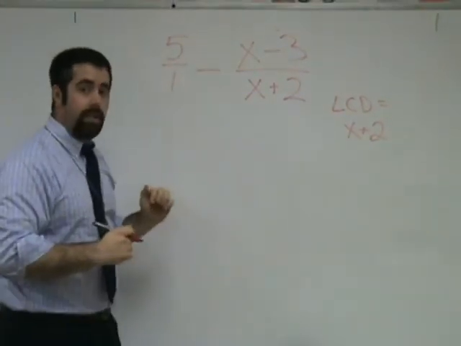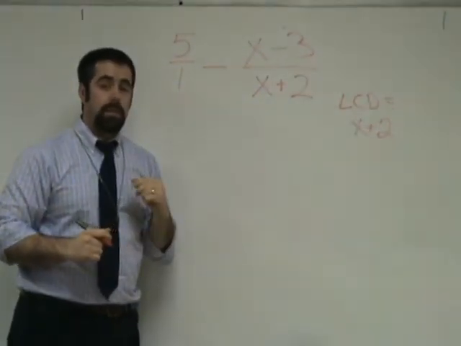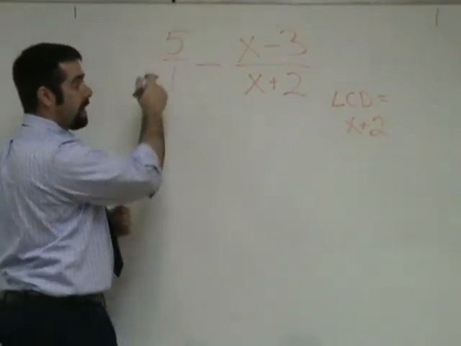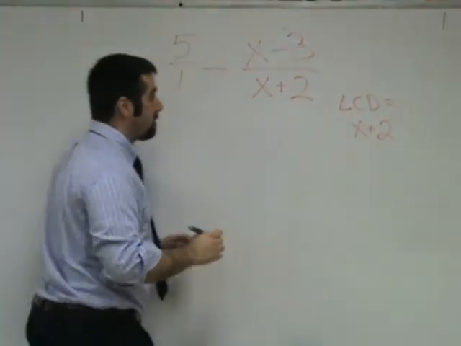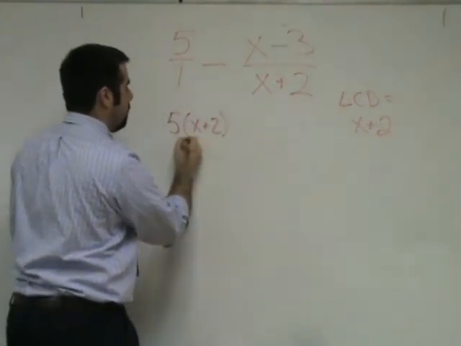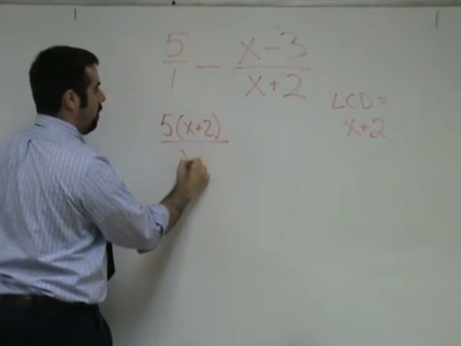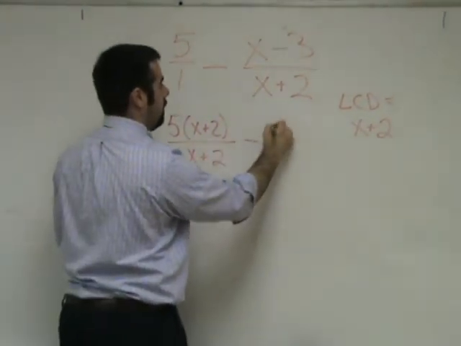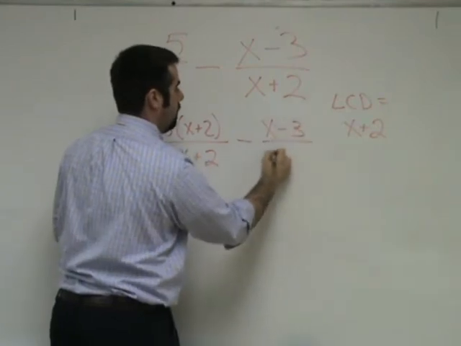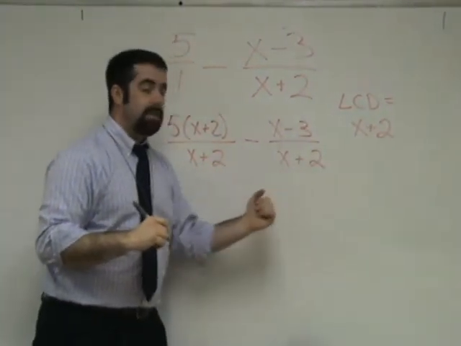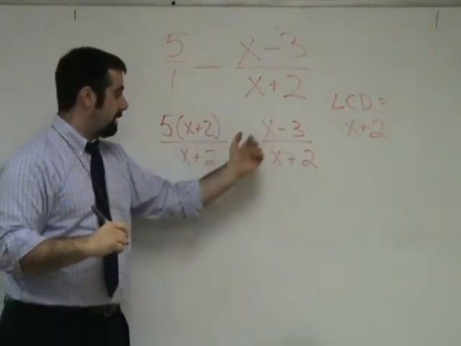Now I'm going to change my first expression to have x plus 2 in the denominator. Well, to do that, I multiply the top and the bottom by x plus 2. So I get 5 times x plus 2 over x plus 2. Now, since my denominators are the same, I simply subtract the two numerators.